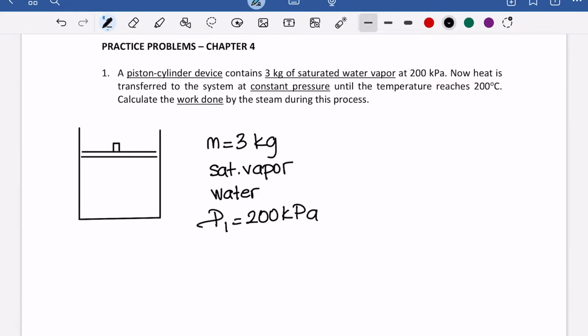Now heat is transferred. Okay, so let's sketch that too. Heat is getting in. This is happening at a constant pressure, and when heat is transferred, there must be some work done, and that work is the boundary work, because probably the piston is pushed upward with the addition of heat energy to the system, and there must be some expansion.